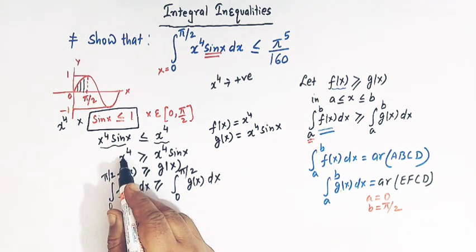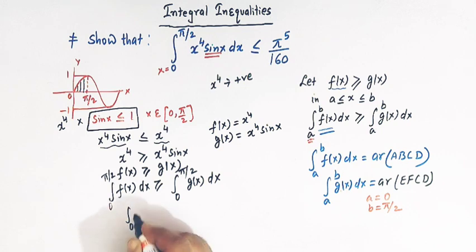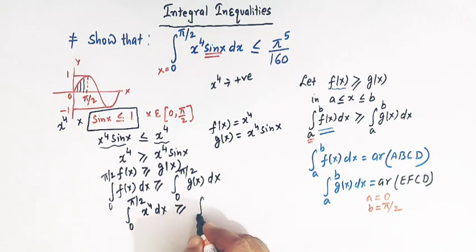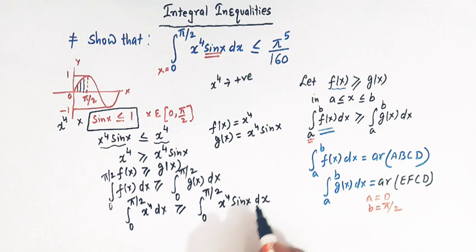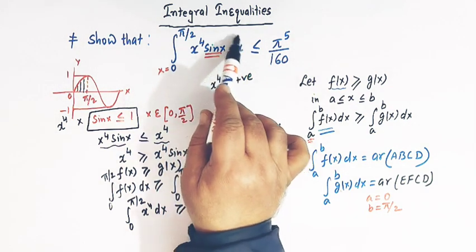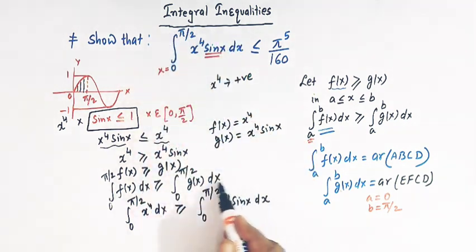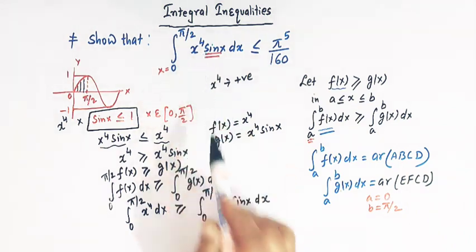Now f of x is x raised to 4. So we have 0 to pi by 2 x raised to 4 dx greater than or equal to 0 to pi by 2, and g of x is x raised to 4 sine x dx, right? So now see, here we have this integral, and here also we have obtained the same integral, right?